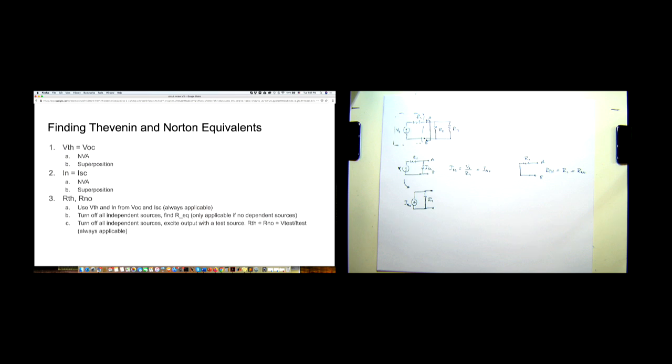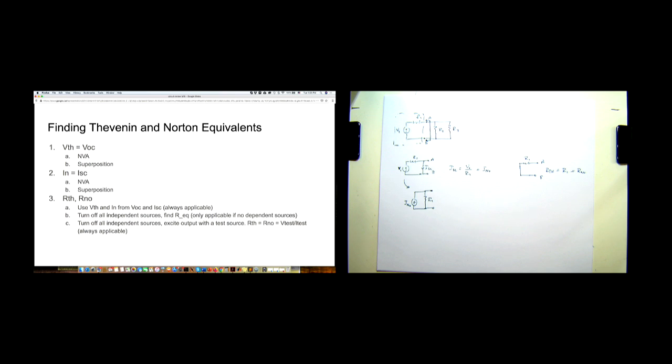Now, the way that we can find Thevenin and Norton equivalents is that you care about two points, A and B. You open them, and the open circuit voltage is VThevenin. You can find that VThevenin using either superposition or node voltage analysis. Similarly, you can find I Norton by shorting A and B and looking at the short circuit current that flows through A and B. That's your I Norton.